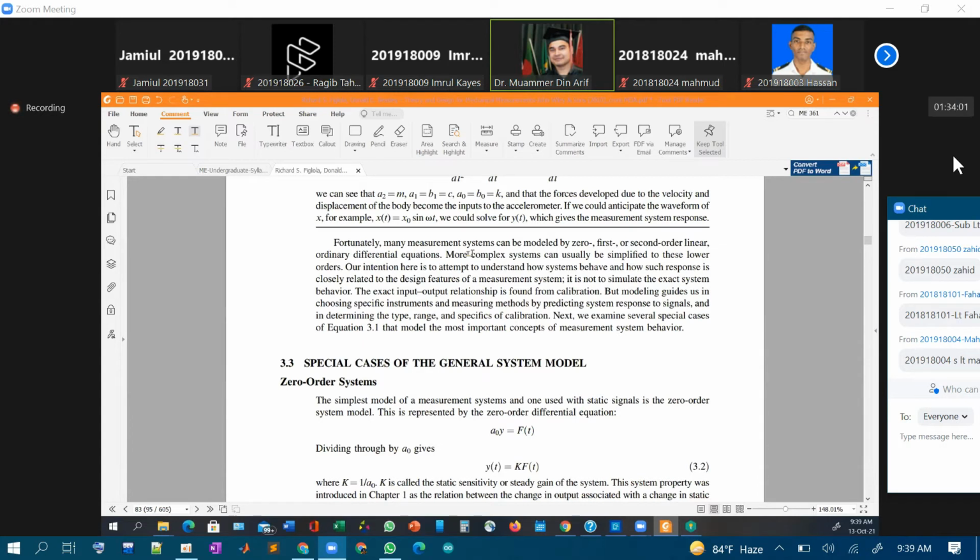But yes, if you have a more complex system, then you have to use partial derivatives. Okay, that's the difference. So most of these measurement system models are zero, first and second.